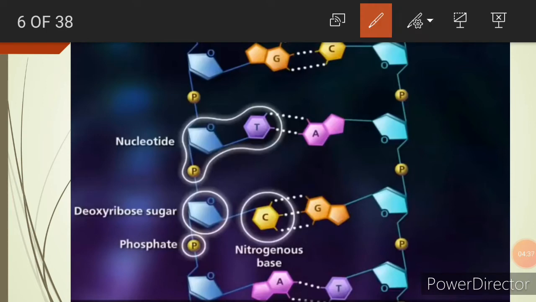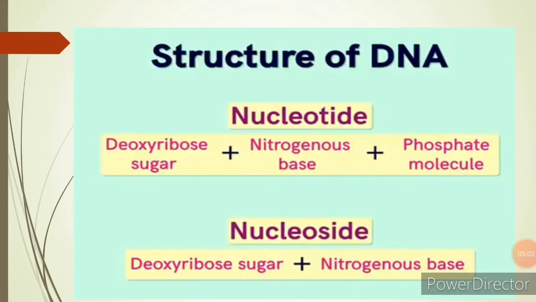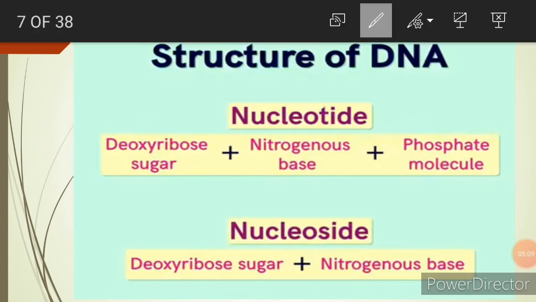Here one unit consists of deoxyribose sugar, one nitrogenous base and a phosphate group. This one unit is what is called a nucleotide. So what is a nucleotide? Nucleotide is deoxyribose sugar, nitrogenous base and phosphate.